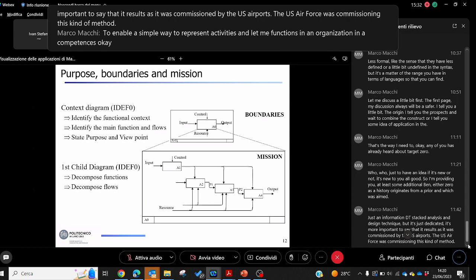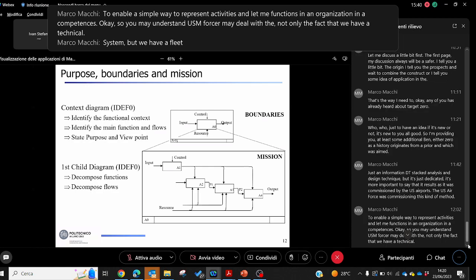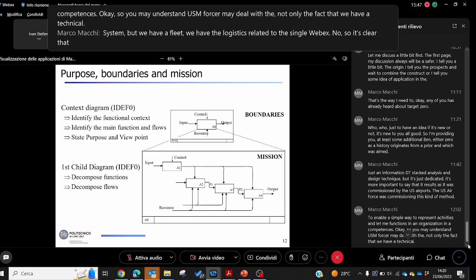Okay? So you may understand the US Air Force deals not only with a technical system, but with a fleet, and the logistics related to the fleet of airplanes. So it's clear that the level of understanding of the problem relates more to the logistics issue.